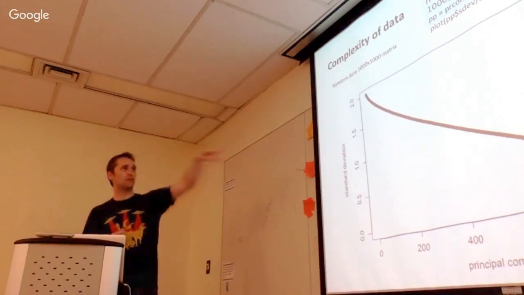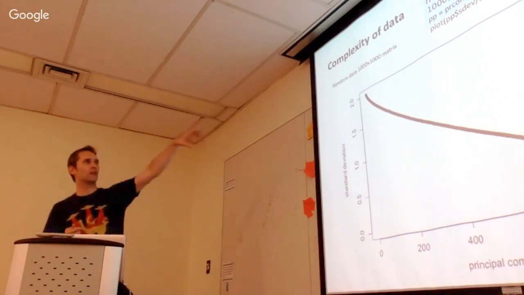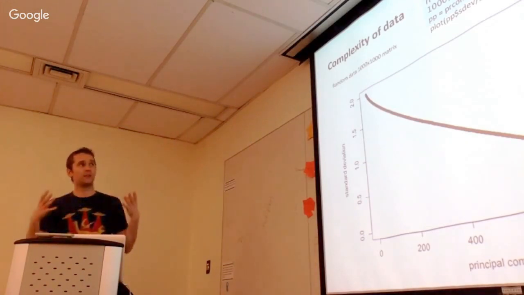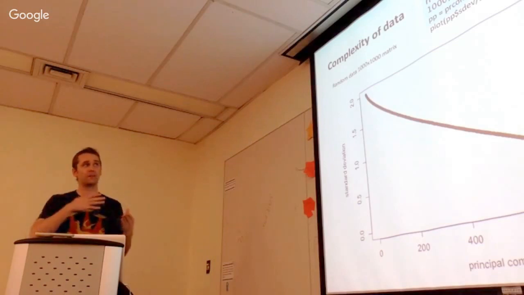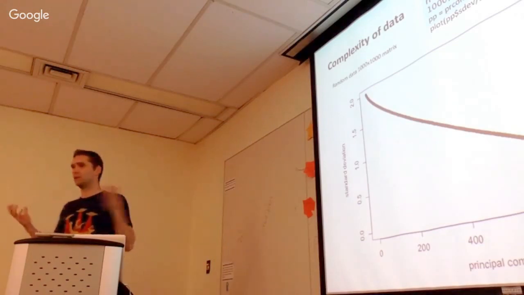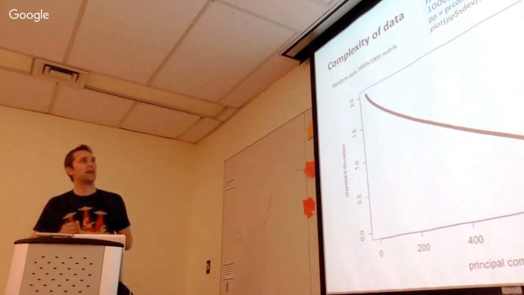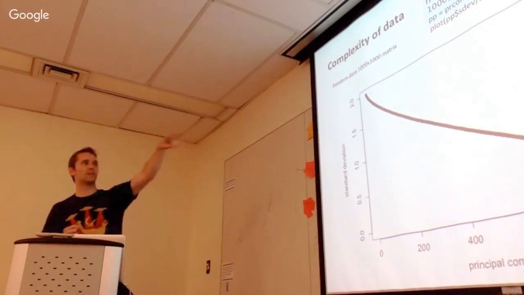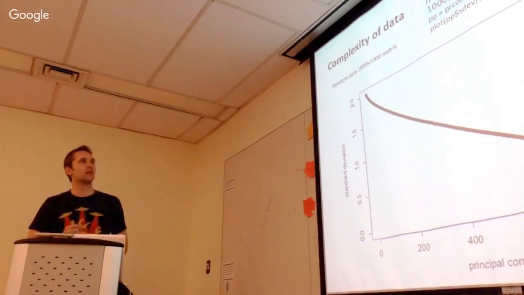Let's say I just create, in blue you see the code in R, a random 1000 by 1000 matrix. Then I calculate the principal components, which is prcomp.